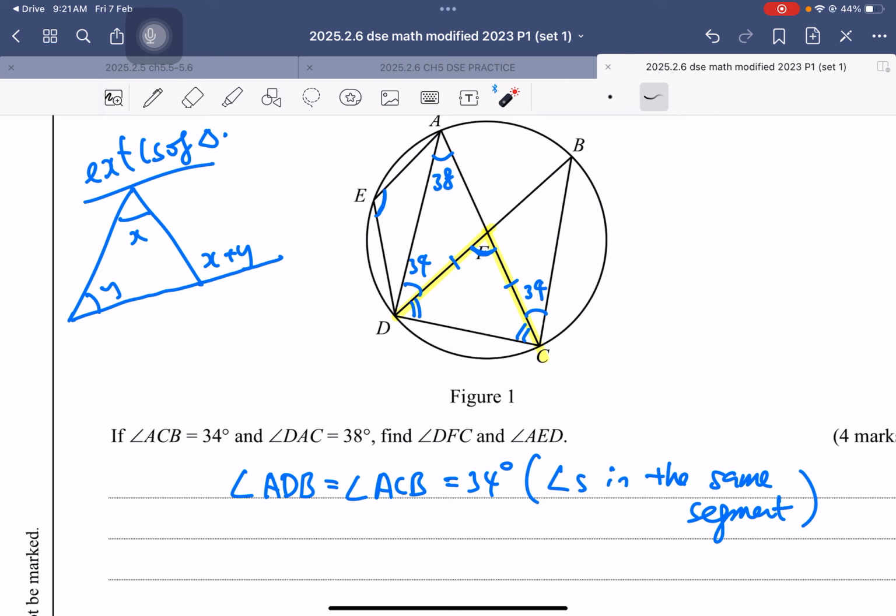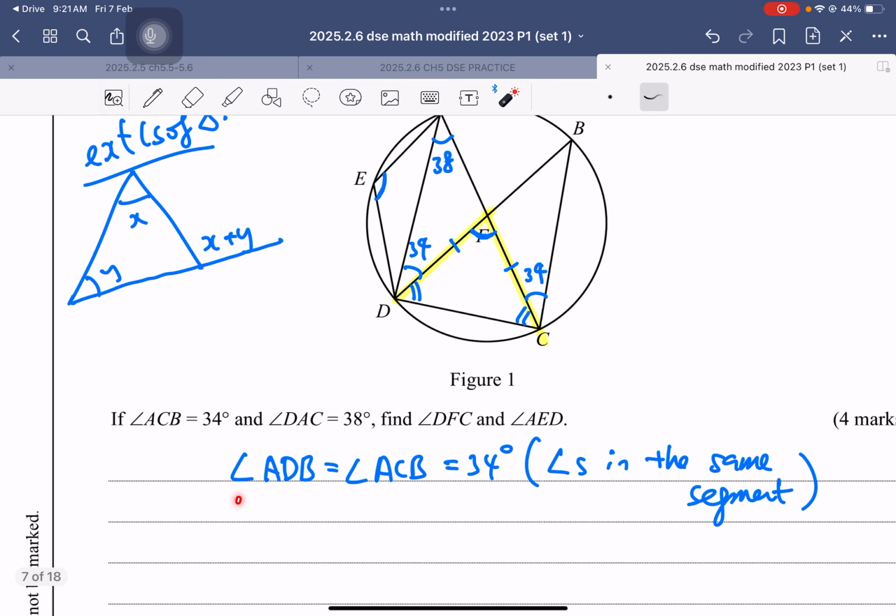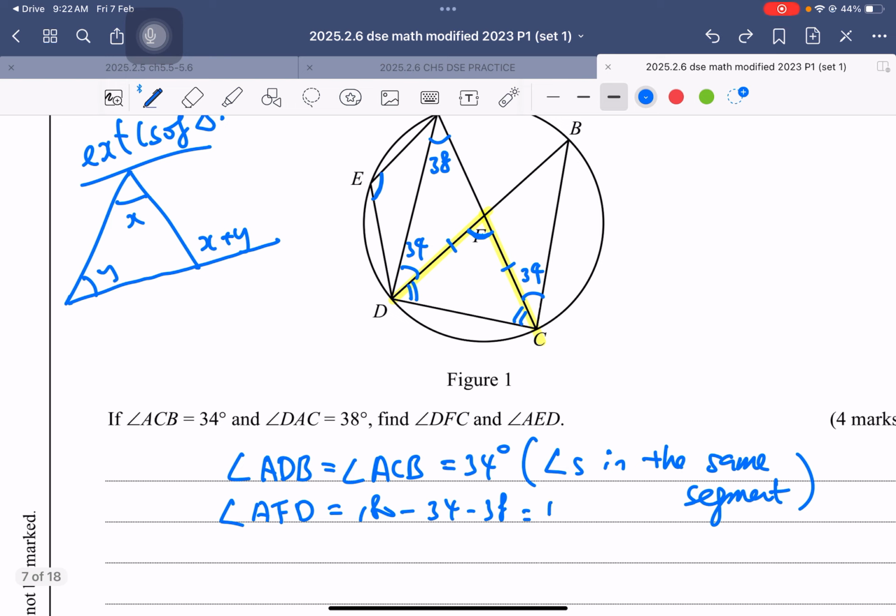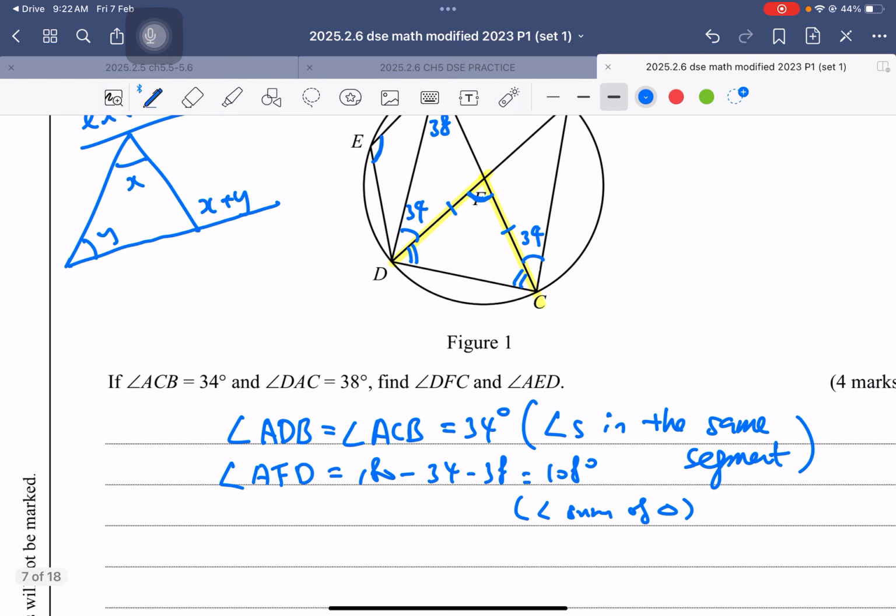Okay? So we can say angle AFD is equal to 180 minus 34 minus 38, giving you 108 degrees, the angle sum of a triangle. Then angle DFC is equal to 180 minus 108, equal to 72 degrees, using angle at a straight line.